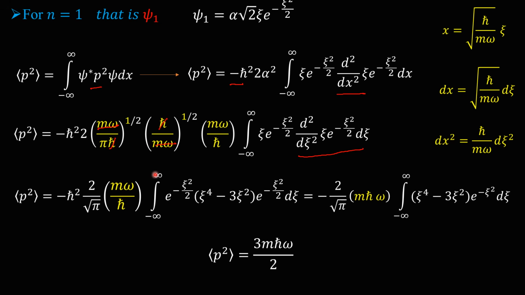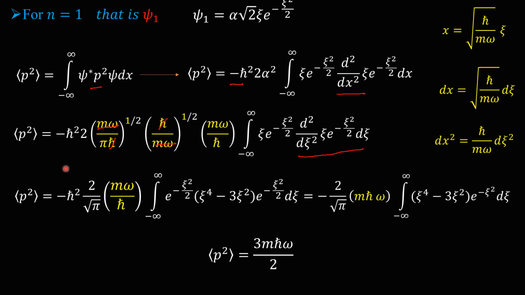Then this mω over ħ; we have to differentiate this twice. If you differentiate this twice, you will get z power 4 minus 3z squared, and this exponential term will come as it is.